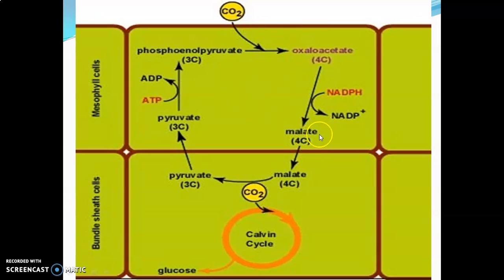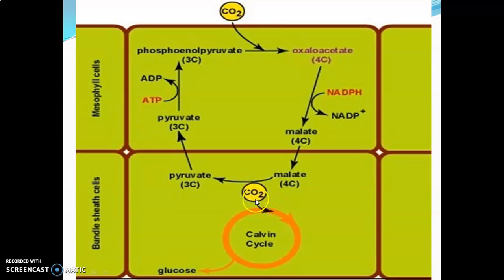After formation in the mesophyll chloroplast, the malic acid is transferred to the chloroplast of bundle sheath cells. Here a decarboxylation reaction takes place: malic acid is decarboxylated into pyruvic acid, and carbon dioxide is released.